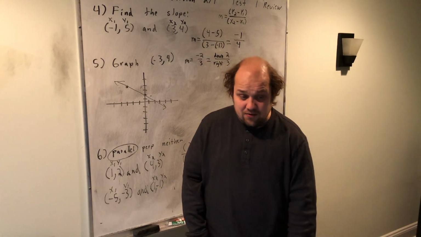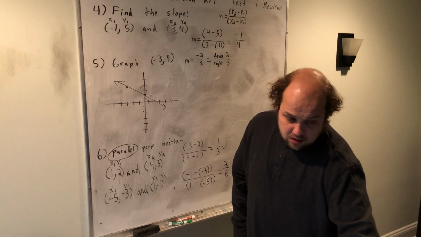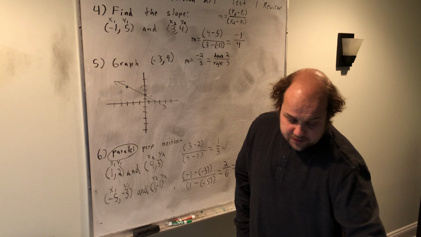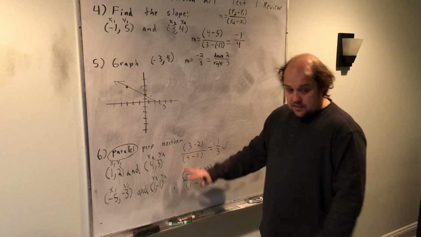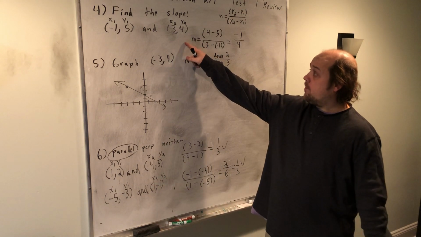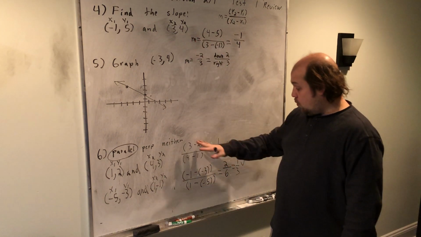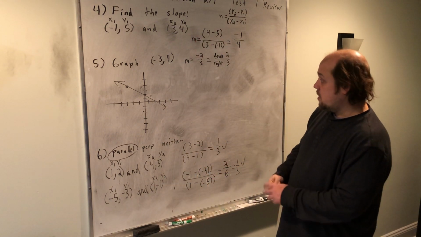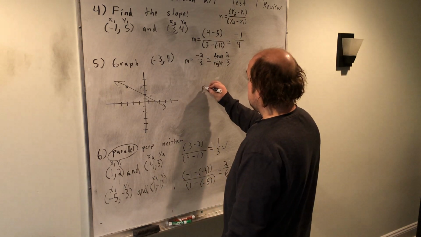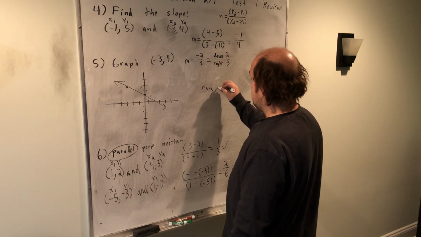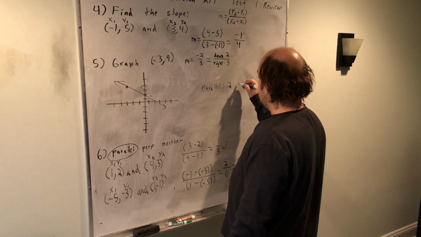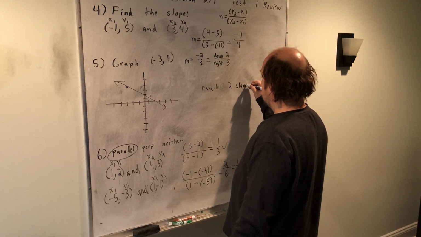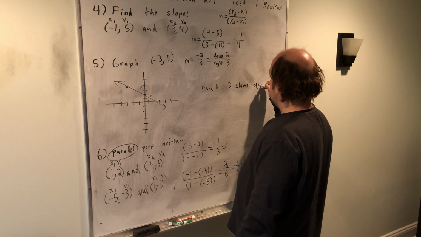Finding parallel again. Okay. So once you find the two slopes, this whole process is all the same thing as what we did in number 4, finding the slope. Once I find the slopes, if they are parallel, the two slopes are equal.